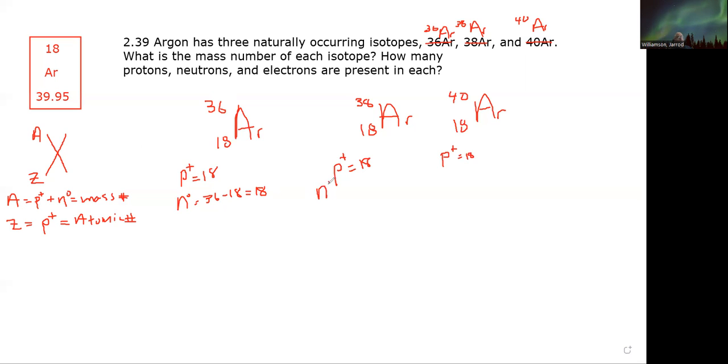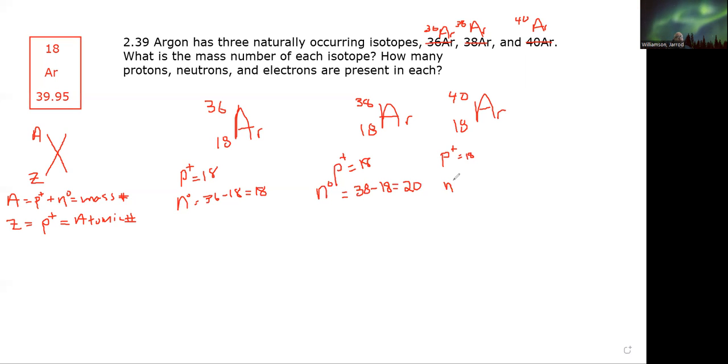Over here, the number of neutrons will be the mass number, which is protons plus neutrons, take away the number of protons, because 38 is protons plus neutrons. And 18 of those are protons. So the number of neutrons will be 20.